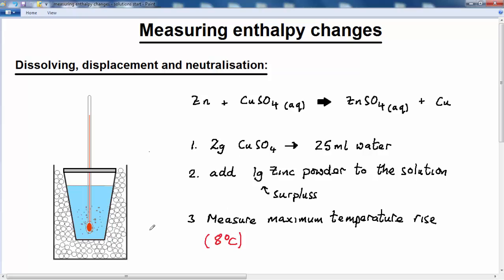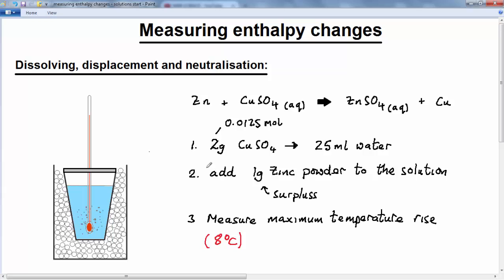We're not quite there yet, because remember that the enthalpy change, which is written alongside this equation, is the amount of joules which is transferred per mole. What we've done is we've worked out the amount of heat that was transferred when only 0.0125 moles of copper was displaced.